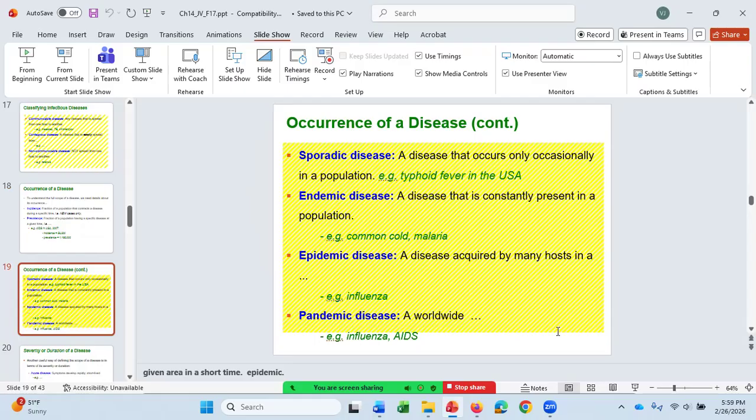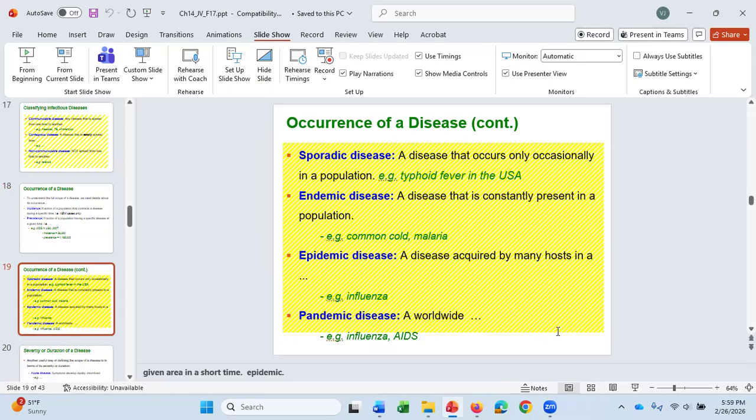All right. When talking about the occurrence of disease, we have different terms talking about how frequently the diseases occur. There's a sporadic disease. This is a disease that occurs only occasionally in a population. Like most people say, typhoid fever in the USA happens sporadically. Every once in a while, we have someone who comes down with typhoid fever.